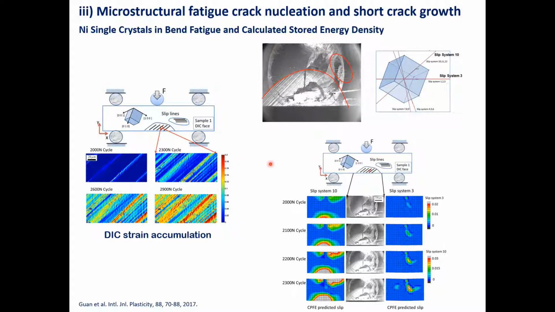And we can show with our crystal plasticity modelling of this particular loading configuration that yes, we match the slip system 10 development and its shape really quite well. And we also note the activation of slip system 3 in the mid region of the beam, reflecting what's going on there. So it gives us confidence that our crystal plasticity modelling is getting into really some of the detail going on in the crystal.